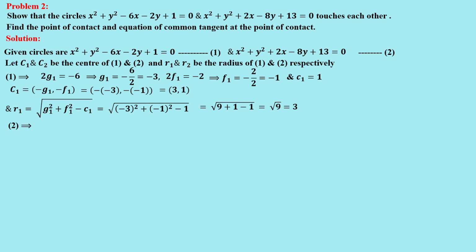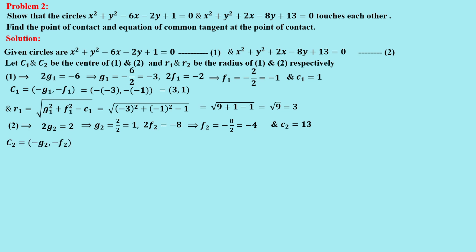Now from 2, the coefficient of x is 2g2 = 2, therefore g2 = 1, and 2f2, the coefficient of y, is −8, therefore f2 = −4, and c2 is the constant term, which is 13.